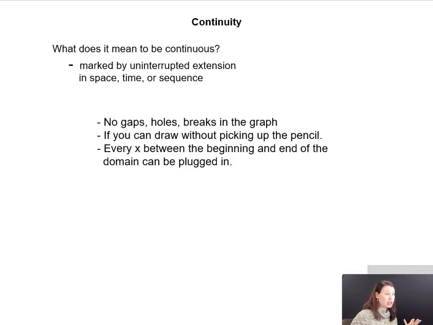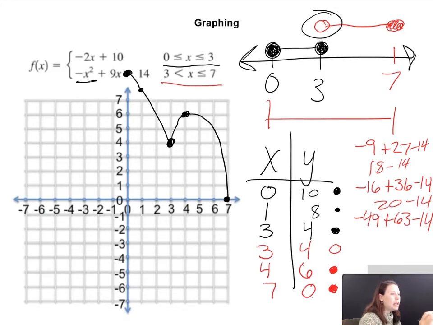And another way of thinking about it is every x between the beginning and end of the domain can be plugged in. So essentially, going back to that previous example, right? If we look at this one, everywhere in between 0, right, and 7, we can plug all of those numbers in, right? So that's kind of a good way of thinking that it could possibly be continuous.